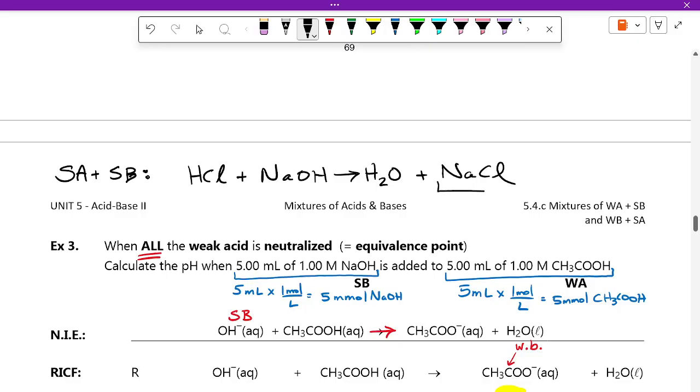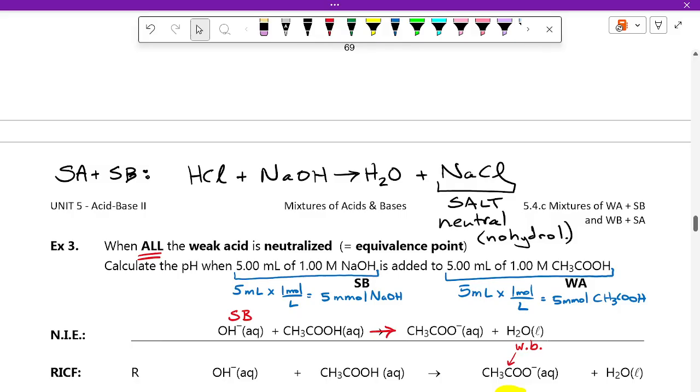And this particular salt, is that an acidic salt, a basic salt, or a neutral salt? That is a neutral salt. There is no hydrolysis.